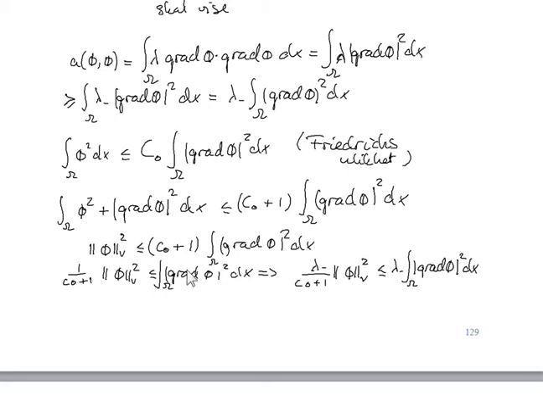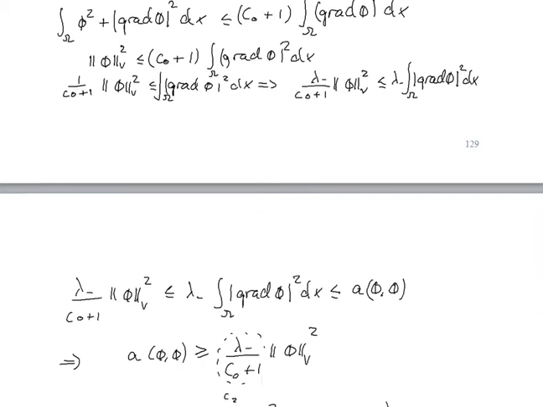And multiplying with lambda minus on both sides, we see that we get an estimate on this term. So here we obtain that the square of the norm multiplied with this constant is less than this term, which we want to estimate. So let's do this on the next page.